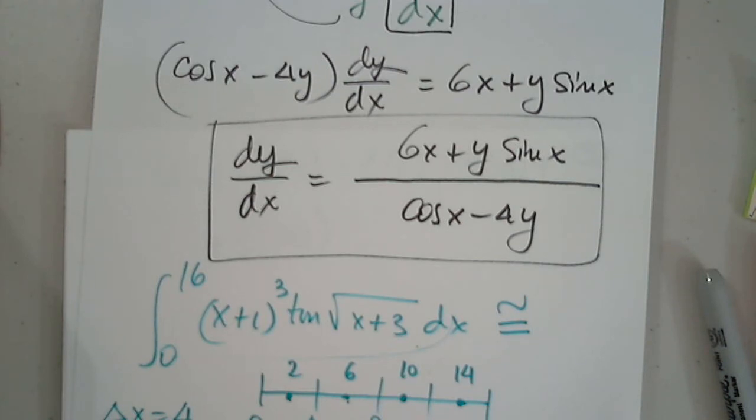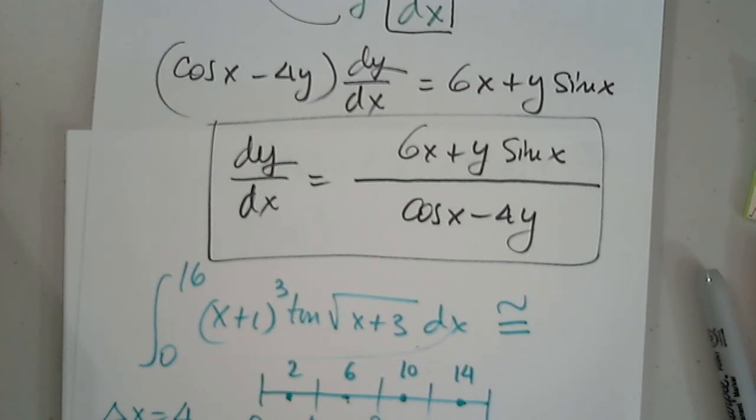And the last one, plus 14 plus 1 is 15. 15 to the third power. And then tangent again, and the square root. And again, we're plugging 14 plus 3, so that's 17. Go outside, close the parenthesis, and close the other parenthesis for the 4 in front.